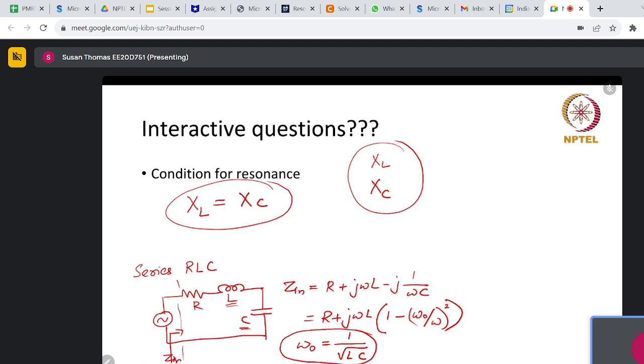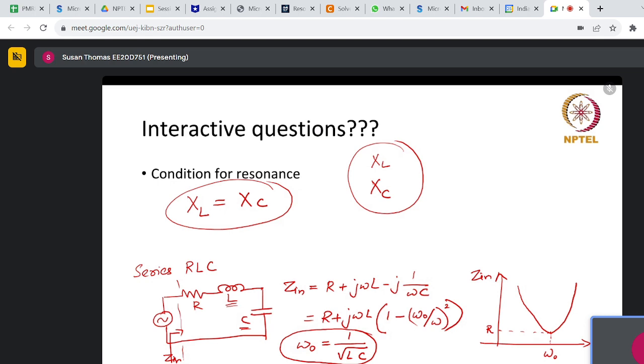So this expression is reduced in terms of omega naught and omega. The other important thing to look at is the graph of Zin versus omega, wherein you have seen that in case of a series RLC, the input impedance goes to a minimum at the resonant frequency, and the value of that minimum input impedance is R.